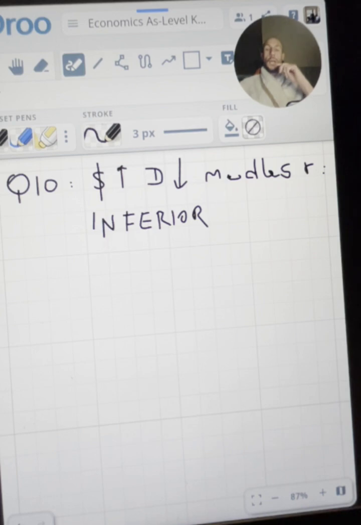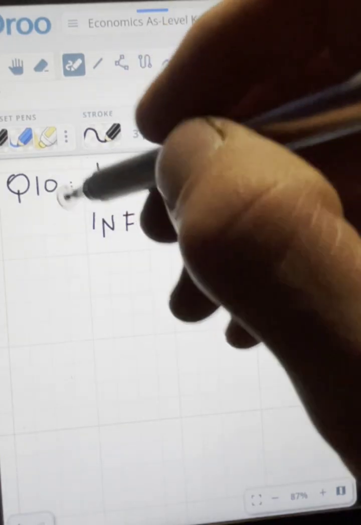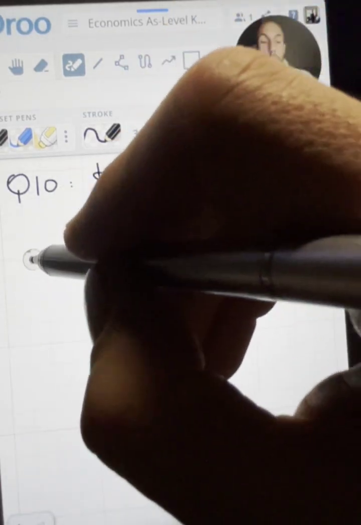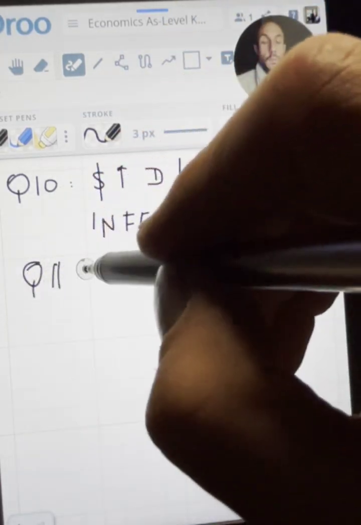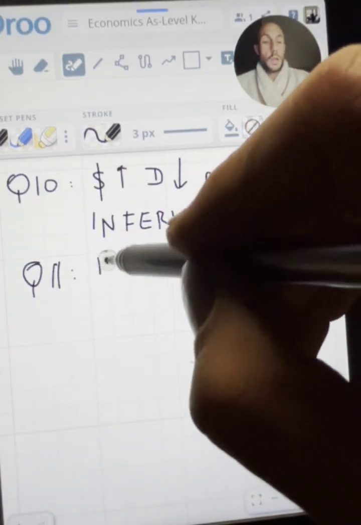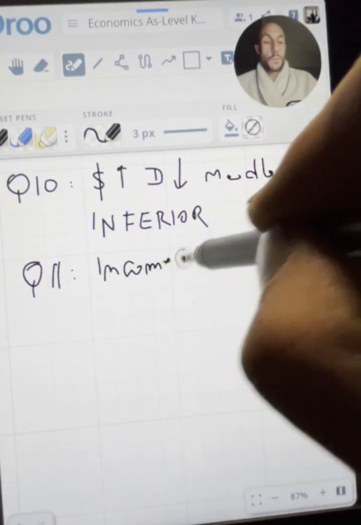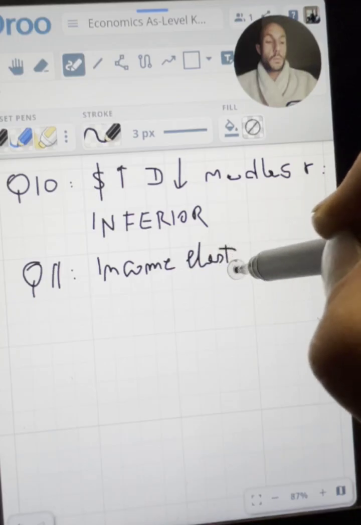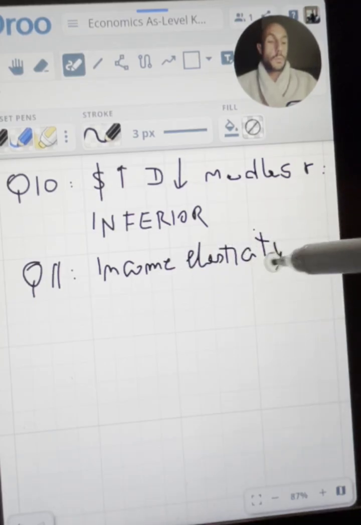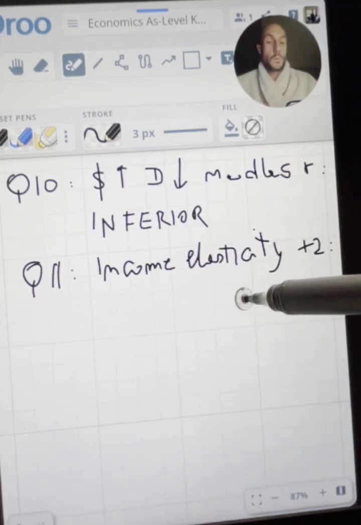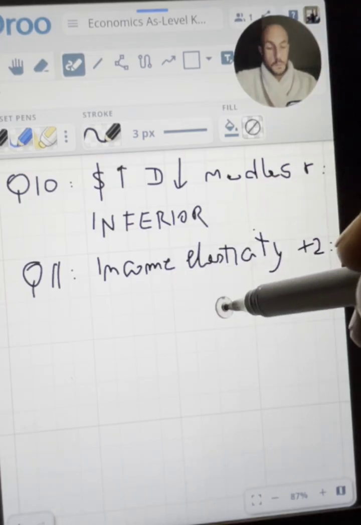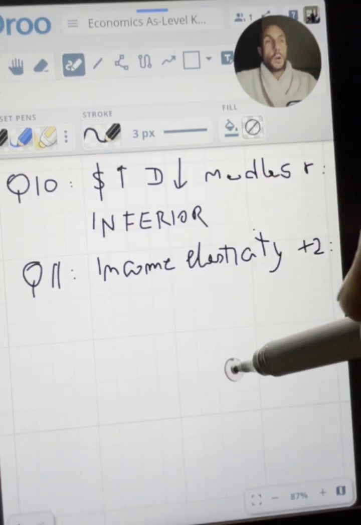Then question 11: if the income elasticity is +2. I actually haven't yet covered it, but I think you can use the logic. Inelastic basically tells us if there's a change in price, the demand goes down, right? Hold on.